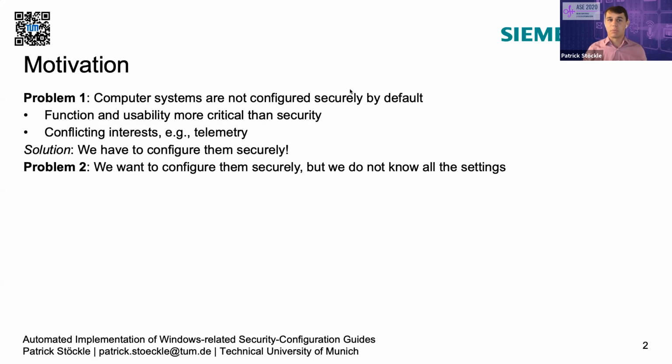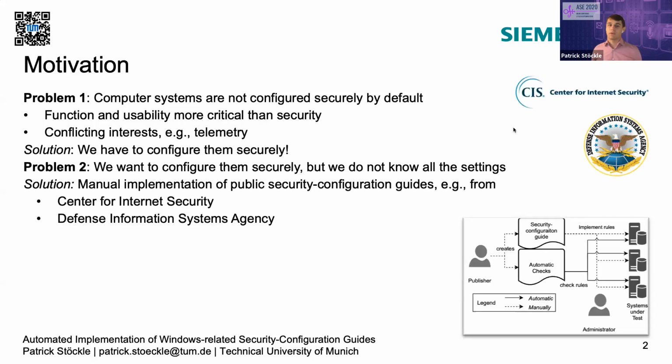But there another problem arises, because if we want to configure them securely, we have to know all the settings we have to configure, and we have to know the values to which we have to set them. And there's a pretty straightforward solution to this. We can use implementation security configuration guides published by independent agencies, by third parties, for example, the Center for Internet Security or the Defense Information Systems Agency, the DISA.